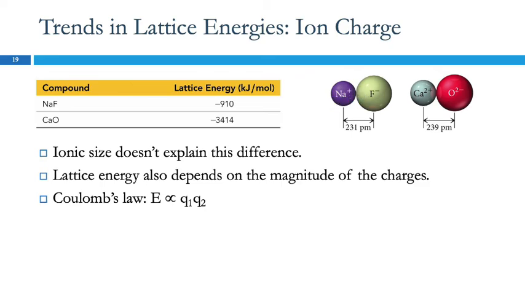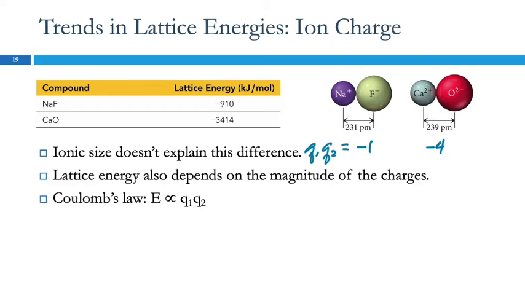So if we're looking at Q1 times Q2, for this one, it's negative 1, and over here, it's negative 4. Just looking at that, that predicts that the lattice energy here would be roughly 4 times larger. And it is in that ballpark. Higher charges are more attracted to each other.